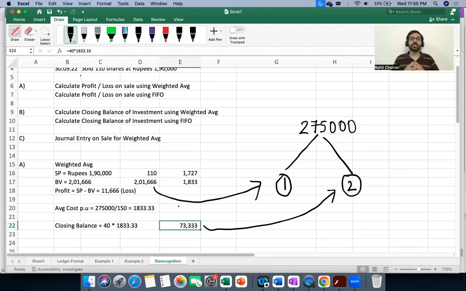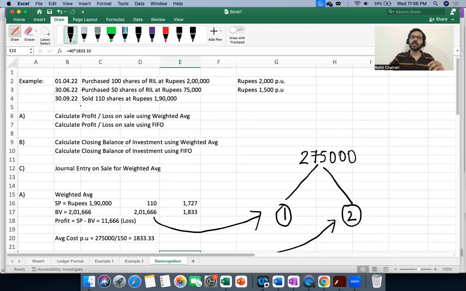Now, what is the journal entry? Under option B, there are two journal entries that we post on derecognition. I am not giving you the journal entry for purchases, as it is obviously clear. Let me just discuss it orally. On 14th April, I purchased shares of Reliance, so I will do investment in Reliance debit 2 lakh rupees to bank account 2 lakh rupees.